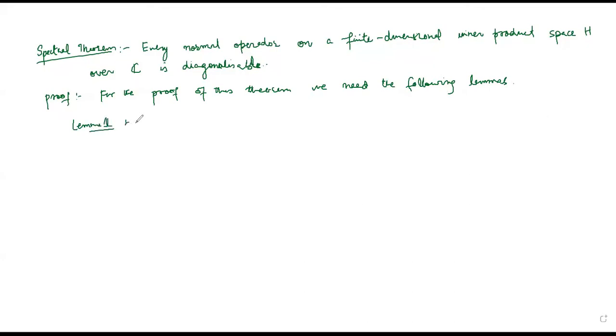is this: if T is a normal operator, and by normal operator you should know that normal operator matlab hai it commutes with its adjoint, T star T is equal to T T star.